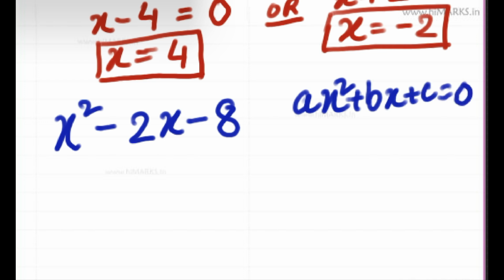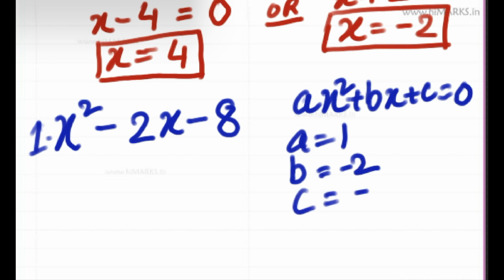If you compare this with the given equation, a equals 1, b equals minus 2, and c equals minus 8.